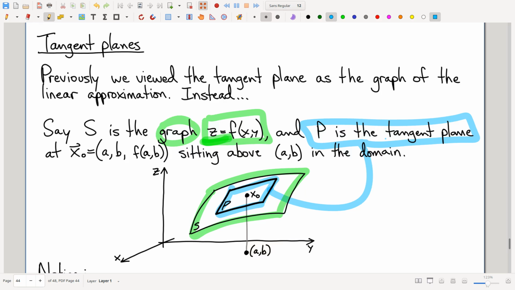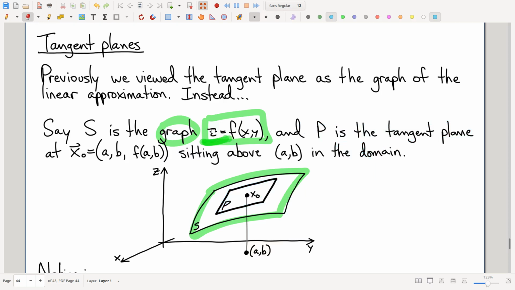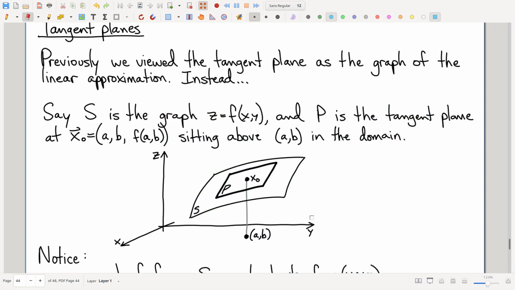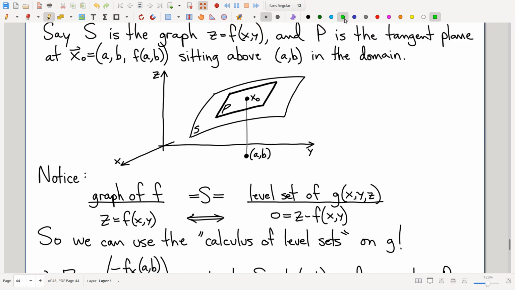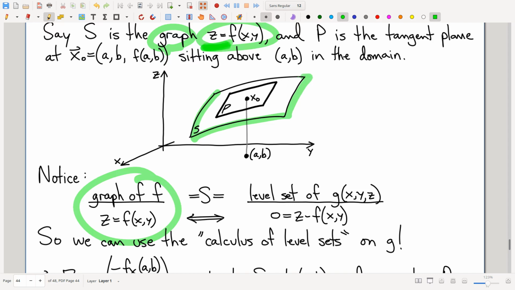Okay. Here's a different point of view. Now, this is a really nice alternative point of view. Remember, we've noted this before, that whenever you have a graph, as we do here, this surface is the graph of our function f.